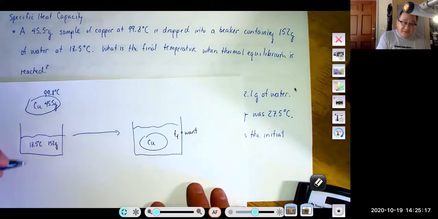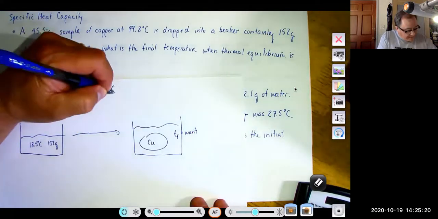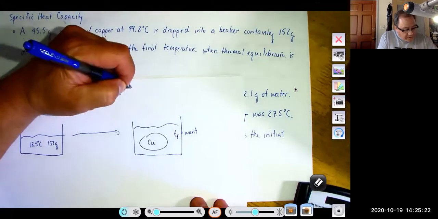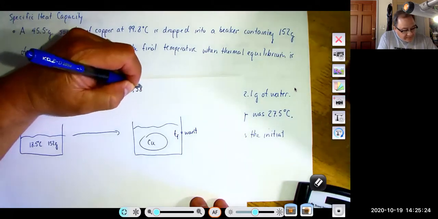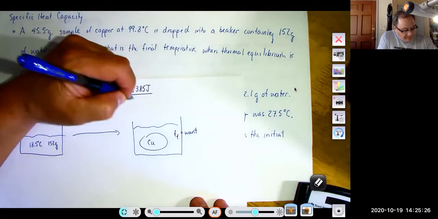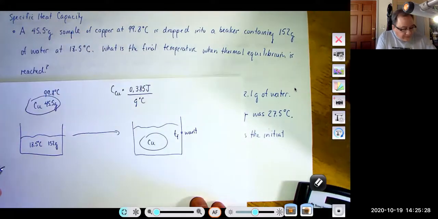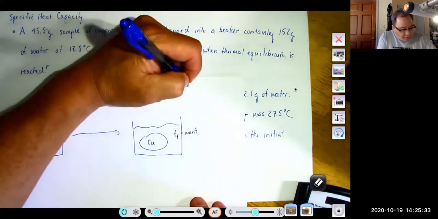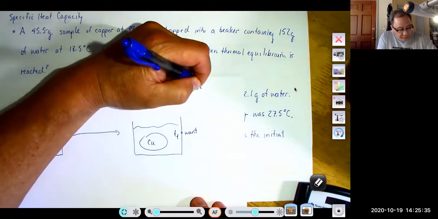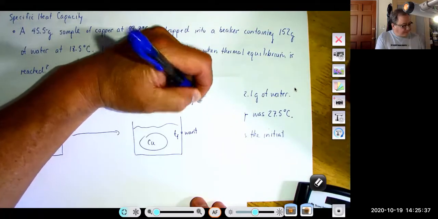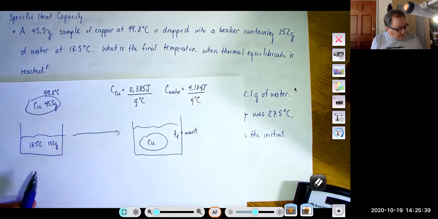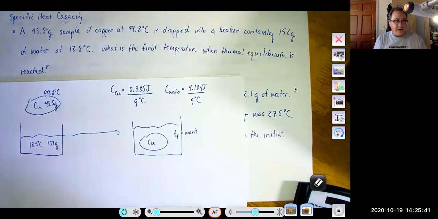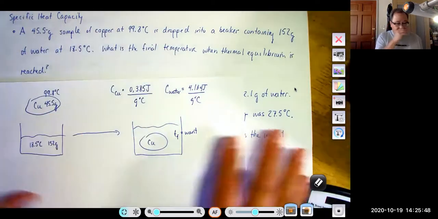We're going to need the specific heat capacity of copper. Now, from a previous problem, I recall it as being 0.385 joules per gram degree Celsius. We'll need the specific heat capacity of water, which is 4.184 joules per gram degree Celsius. We need the initial temp of the water, the initial temp of the copper, the mass of the copper, and the mass of the water. So we have all of those things right here.